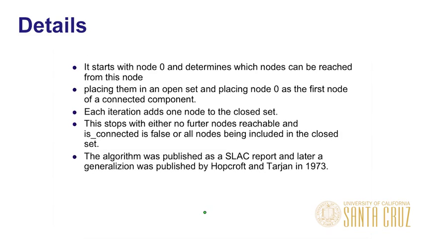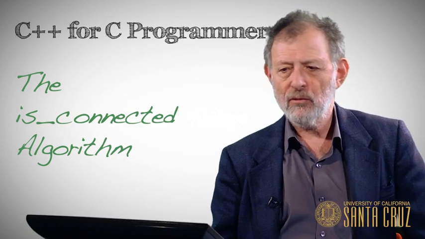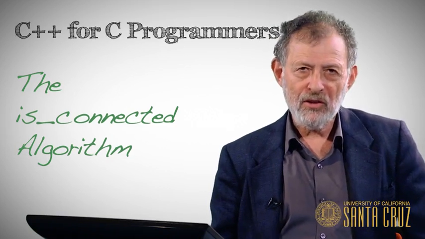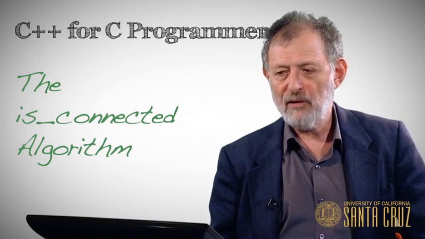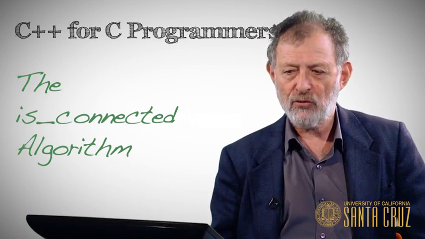And what we're going to do in trying to find out whether a graph is connected is we're going to start arbitrarily with some node. And since everything in C starts at 0, we'll probably use a labeling system that says we'll have node 0 up to node n-1, or up to node size-1.